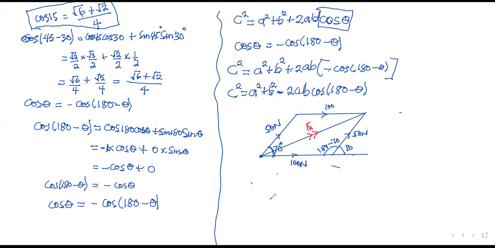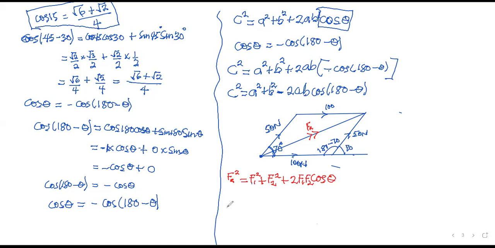When we resolved it into a right angle triangle, we saw that the square of the resultant must be equal to F1 squared plus F2 squared plus 2 F1 F2 times cos of the angle theta.